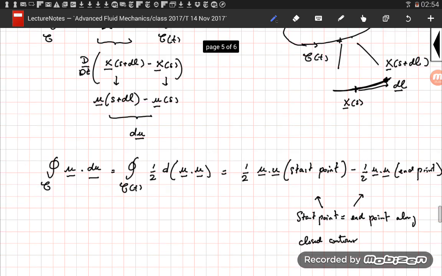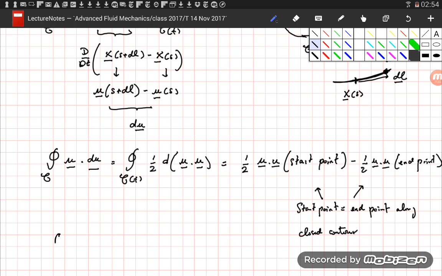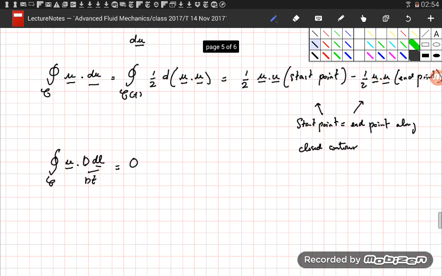So therefore, this integral of u times the material derivative of the differential element of displacement along the contour is equal to 0, and we are left with the Kelvin circulation theorem: the derivative of the circulation along a material contour is equal to 0, or the circulation around a material contour does not change.